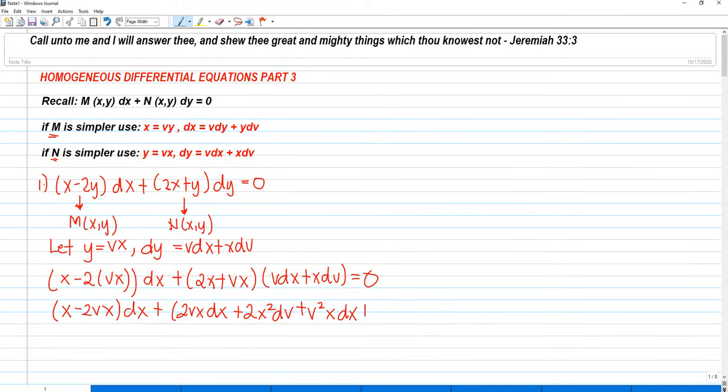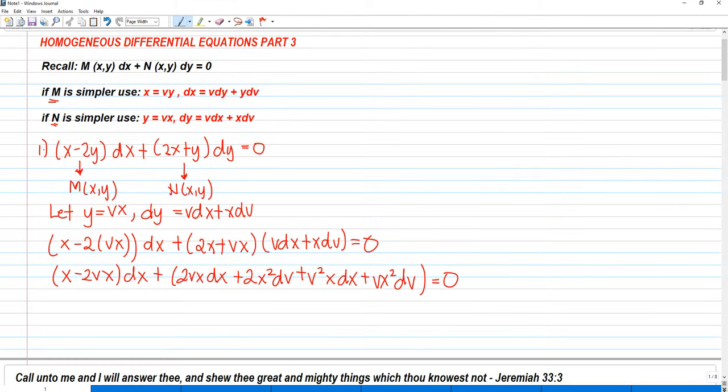And last, we have vx times x dv, that's plus vx squared dv equals 0.